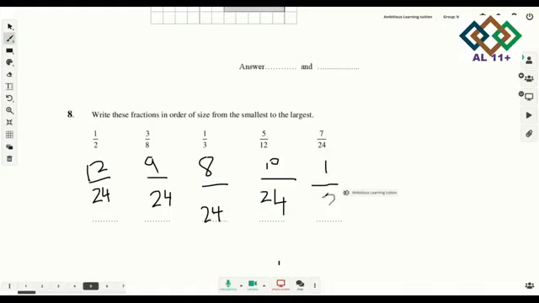So remember, you need to go from the smallest to the largest. The first one will be 7 by 24, obviously. Then would be 1/3.